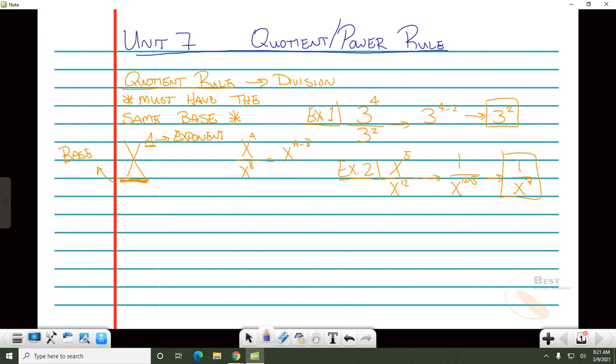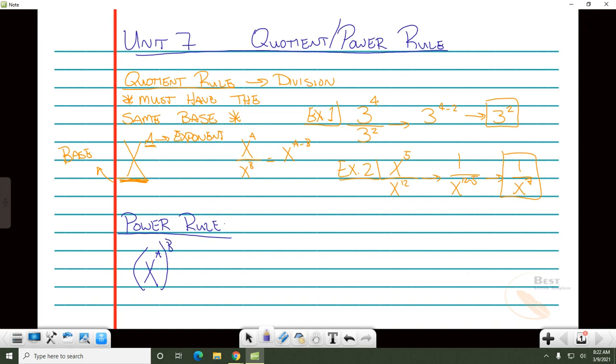All right, your power rule. The power rule is when you have an exponent raised to another exponent. For example, if I have x to the A raised to the B power.